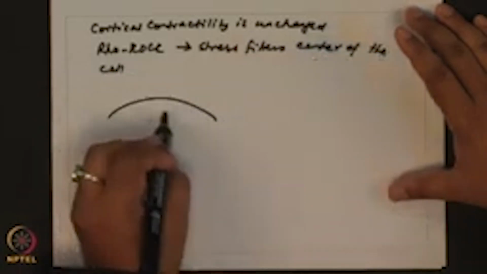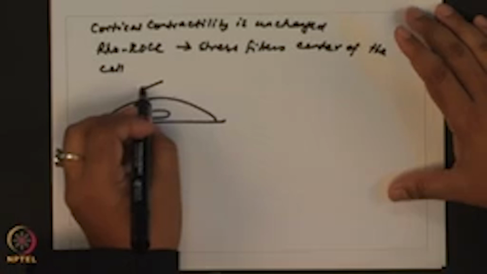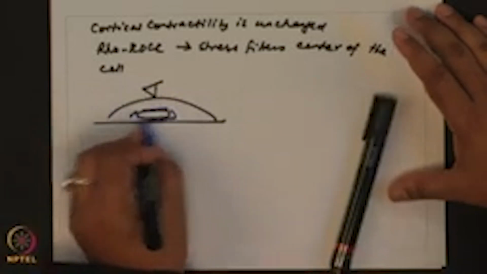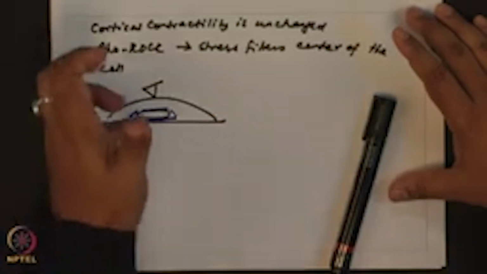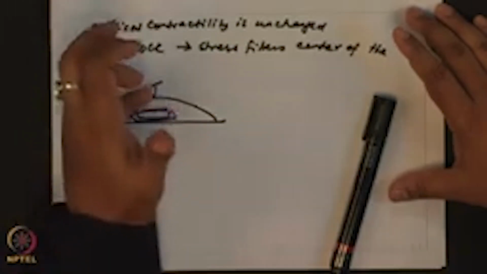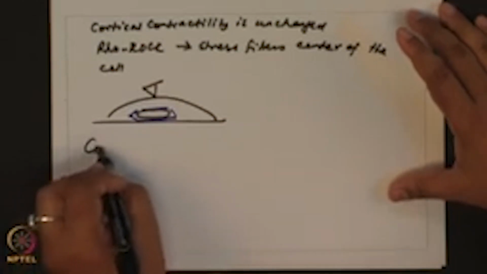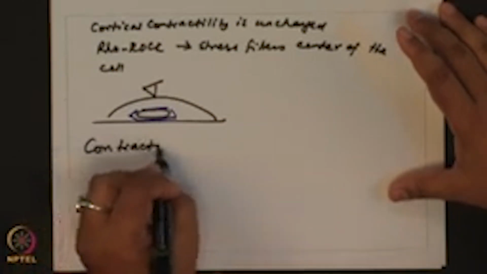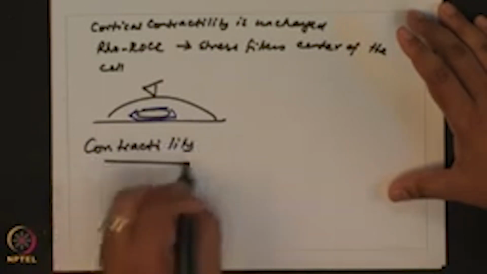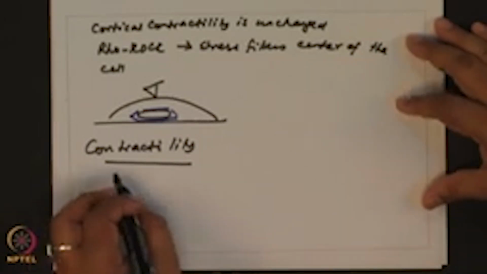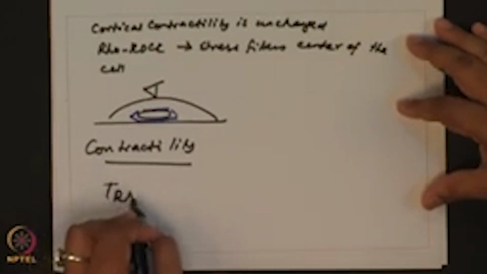Why? Because if this is your nucleus and you are probing from the top, stress fibers right next to the nucleus won't contribute as much to the overall stiffness that you are probing. So there has to be a different way of probing contractility independent of measuring stiffness. One of the most well established ways of probing contractility is traction force microscopy.